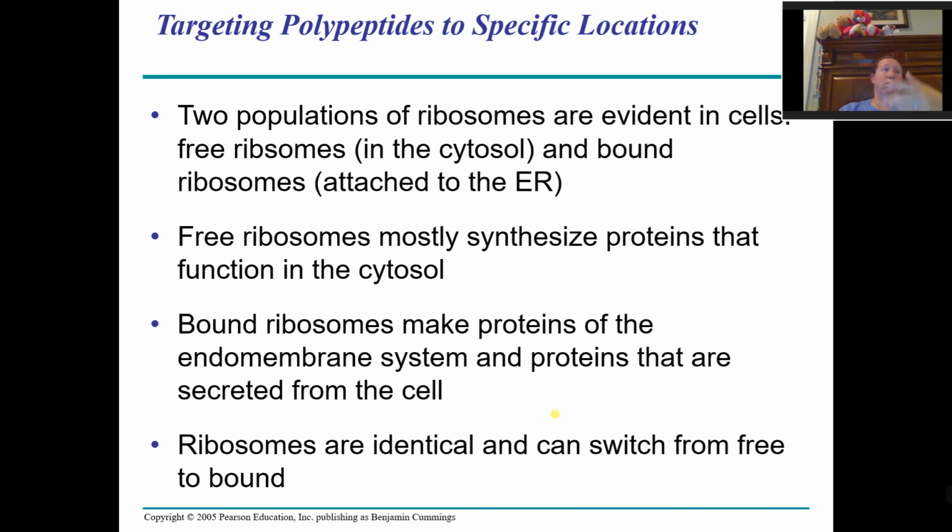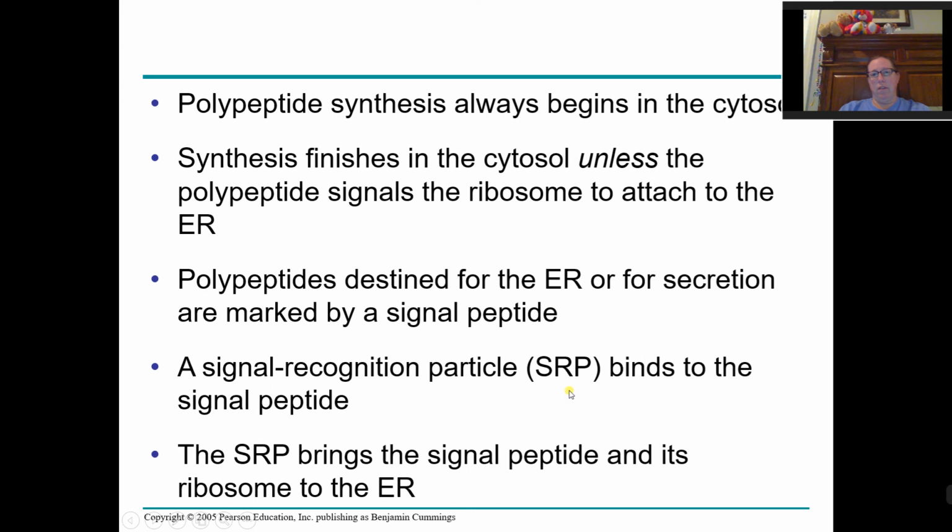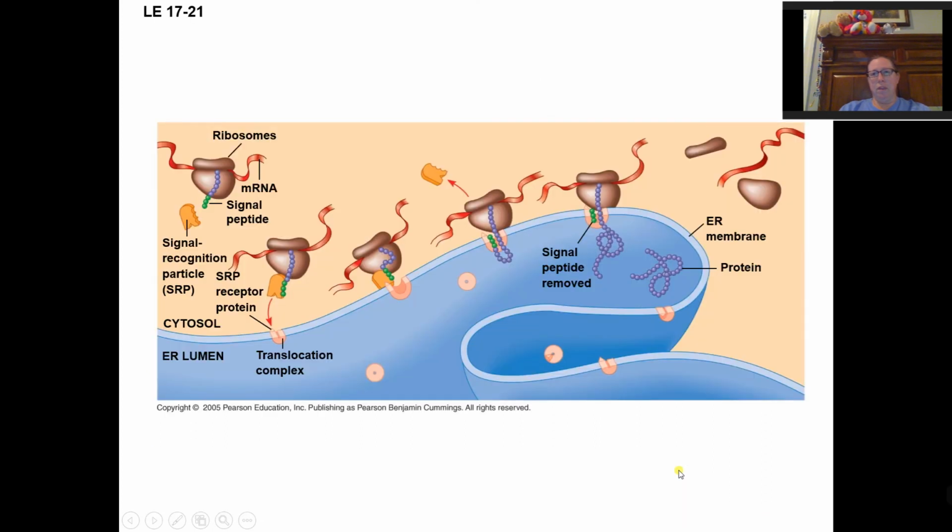But if you've got a different function for a cell or a tissue, then maybe you don't need so many free-floating ones. You might have them bound to the ER. That's all that this is saying. Here's some more pictures. This is on the ER. It may need to come in, then it can go off again.